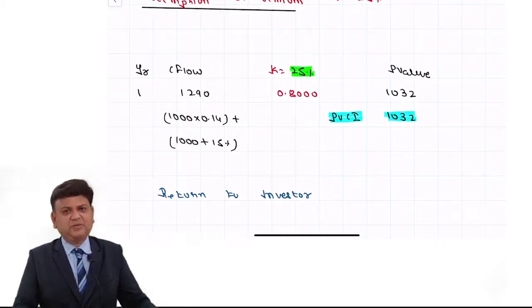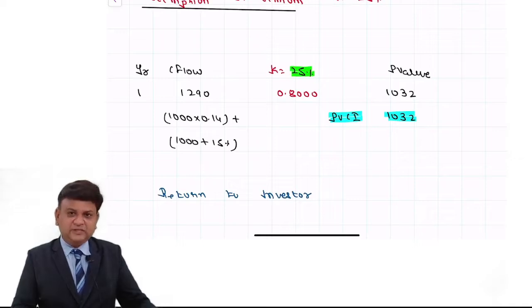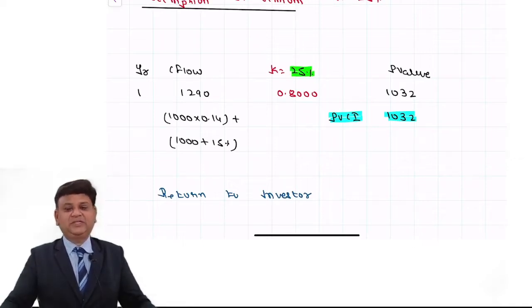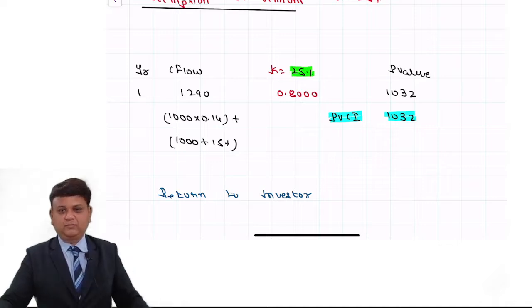Can you write in the chat box what would be the return from an investor's point of view if the investor is purchasing the security? The answer is supposed to be given in percentage terms.